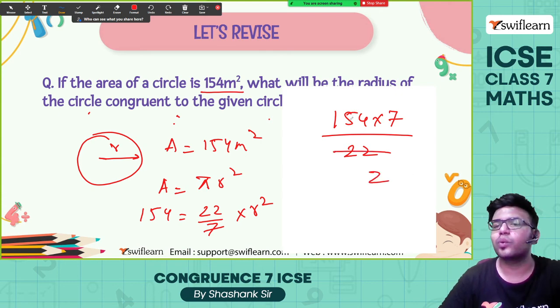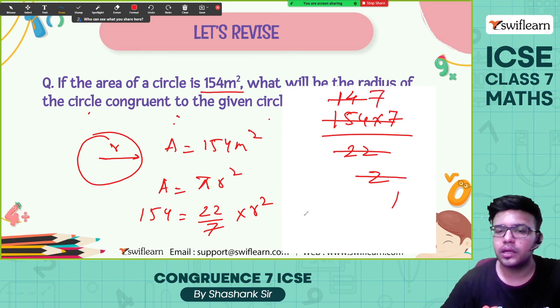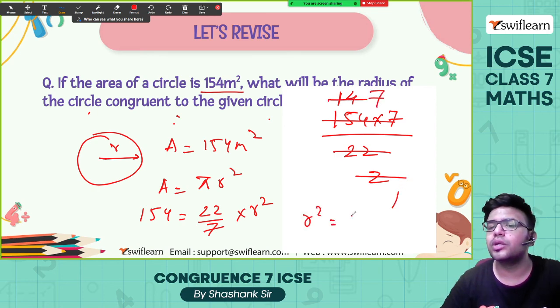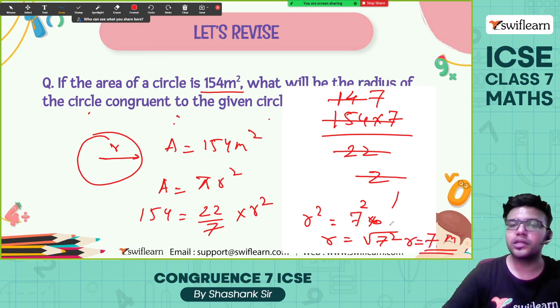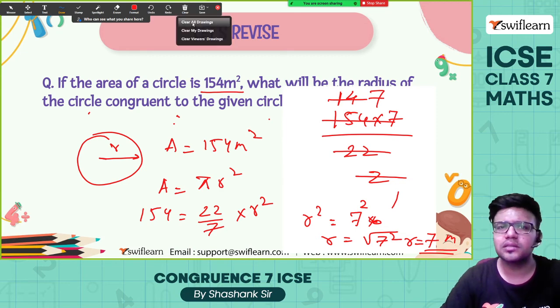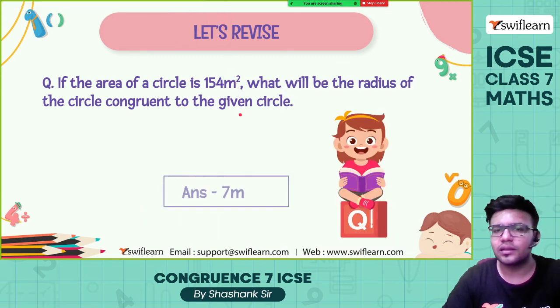So 11 2s are 22, 11 1s are 11, 11 4s are 44, 2 1s are 2, 2 7s are 14. R square is equal to 7 into 7, or 7 square. R is equal to square root of 7 square. R is equal to 7 meters. The radius of the congruent circle is 7 meters. This is the answer for that.